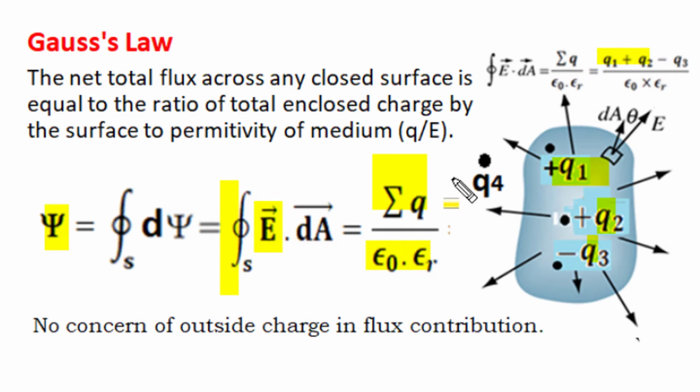Here all external charge, say Q4, also produces electric field contribution over the surface of this study, but the net flux contributed over this surface is only by internal charges, as external charge produces equal and opposite incoming and outgoing flux through this surface. So flux across any closed surface depends only on total amount of internal charges and is equal to total internal charges divided by permittivity of medium.